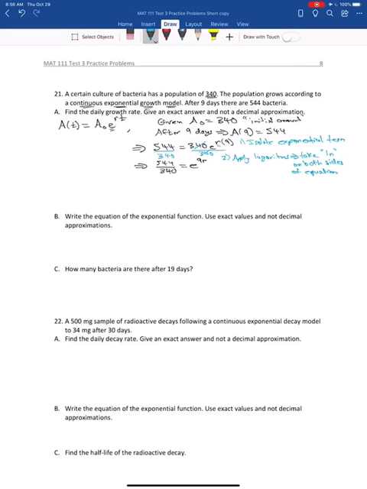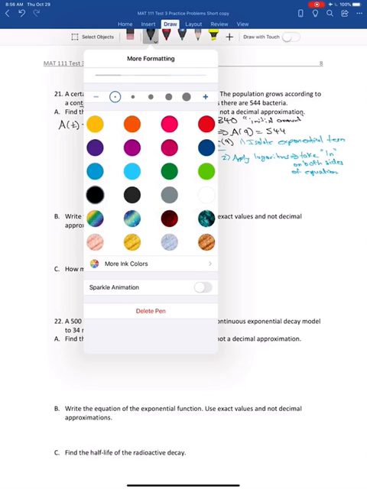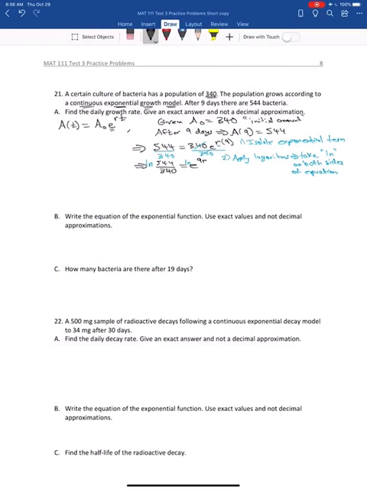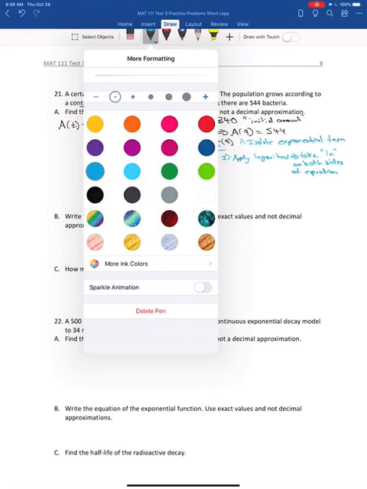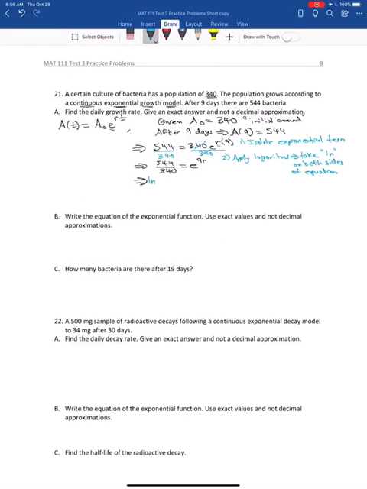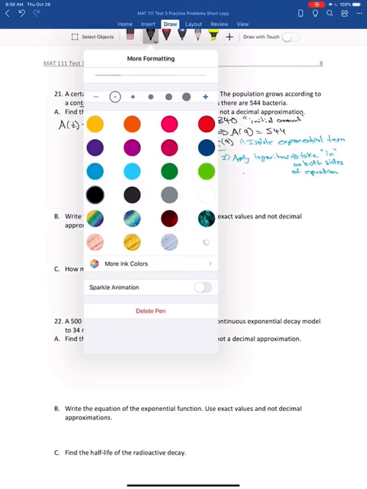So we're going to take the natural log on both sides. Let's show the work here. The natural log of 544 over 340 equals log base e.